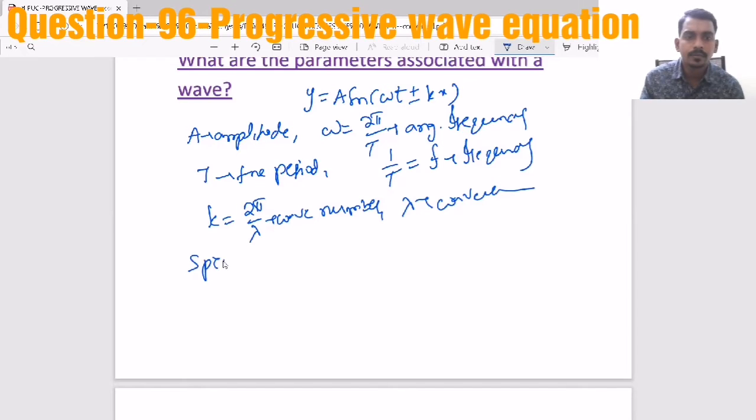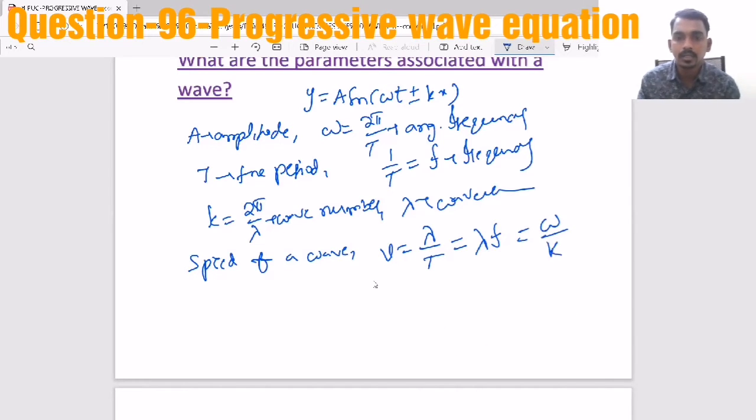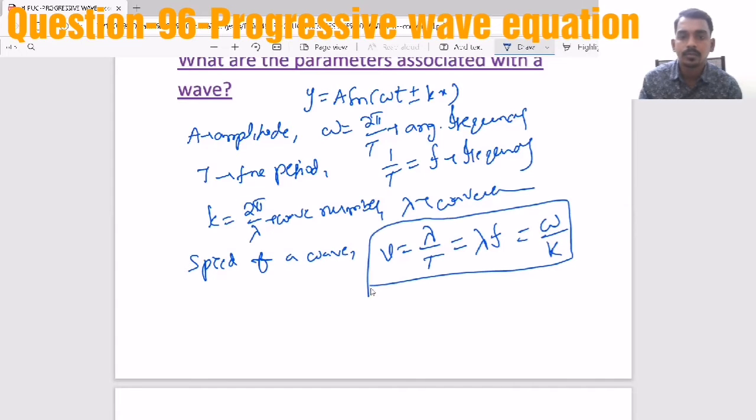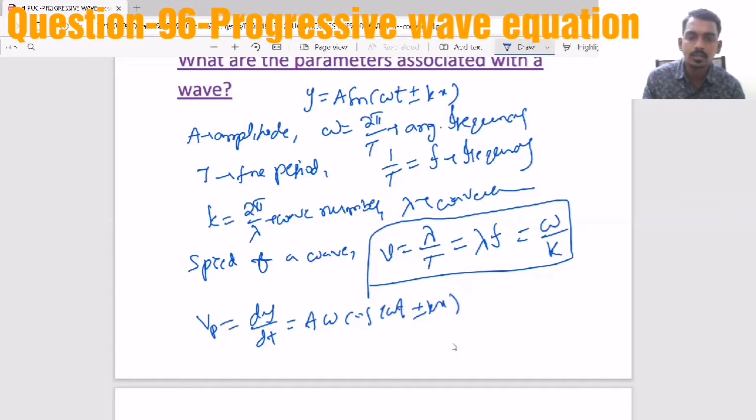Now the speed of a wave is given by distance traveled in one time period, so lambda f, that is also equal to omega by k. This is the speed formula. Based on this, they usually ask the questions. If you want the particle velocity, Vp equal to dy by dt equal to a omega cos(omega t plus or minus kx).